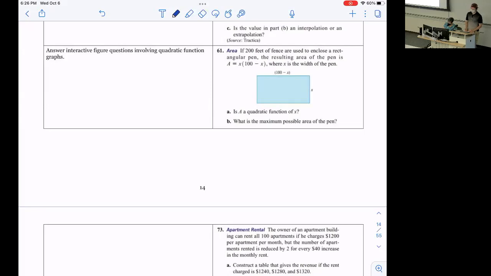I would always recommend when you see stuff like this, get it in the form that you understand best. So what happens if we distribute this X out? We would end up getting that A is equal to 100X minus X squared. So is it a quadratic function? What makes a function quadratic?